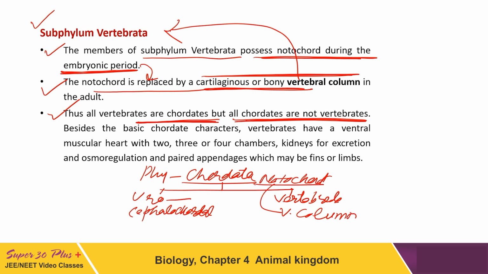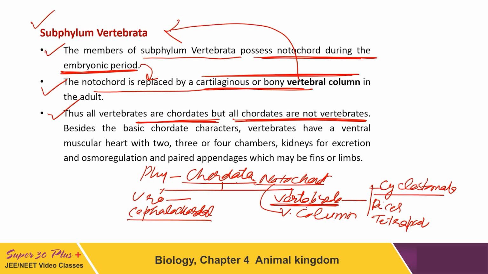See the statement again. All vertebrates, these are classes: Cyclostomata is there, then Pisces are there, then the tetrapods are there. All these are vertebrates. So you see, all vertebrates are chordates, but all chordates are not vertebrates. These are not vertebrates. Very important statement you have to remember.